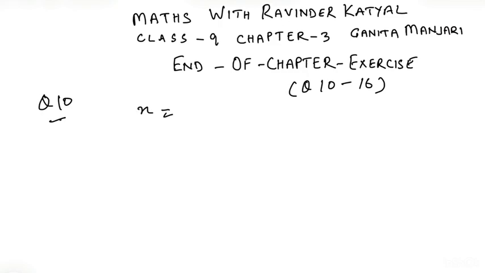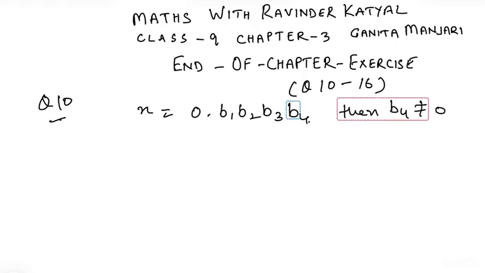Suppose x is equal to 0.b1 b2 b3 b4, then b4 is not equal to 0. This is given. So what is to prove?